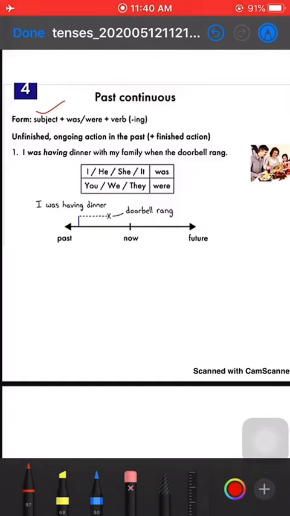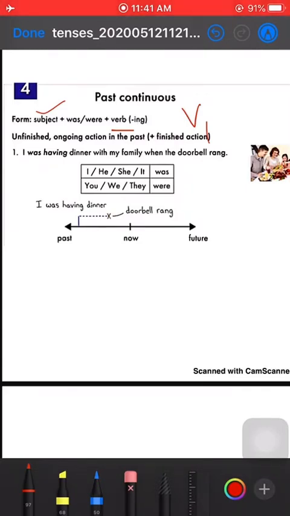Subject could be I, he, she, it, you, we, they, and was, were, then verb first form plus ing. Again we have to add ing to the verb. Clear? Now you could relate that to the present. In present continuous we use is, am, are instead of was, were.